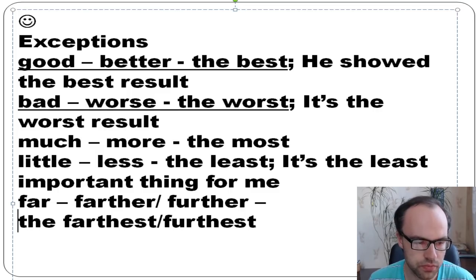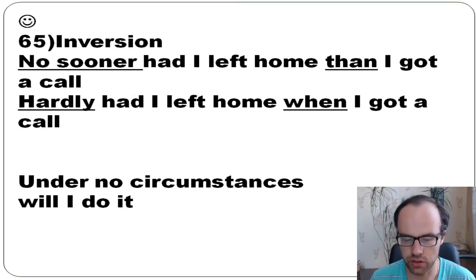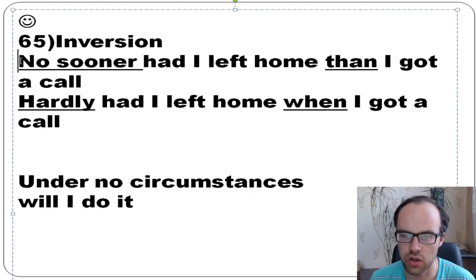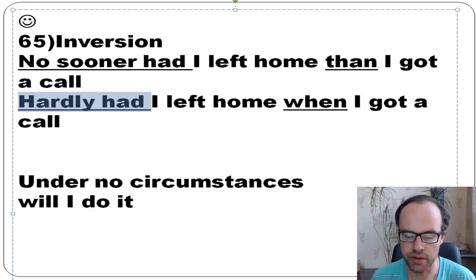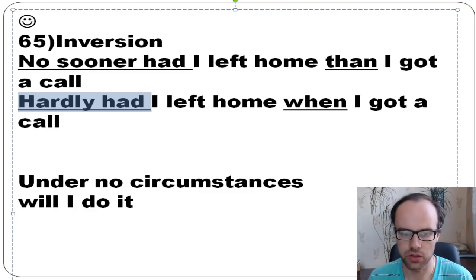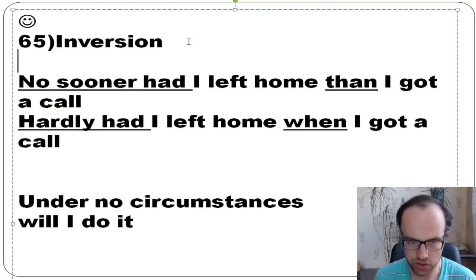Well, let's talk about one difficult thing, which I think is for advanced inversion, okay? You need to remember these structures: no sooner had plus than, and hardly had plus when. These structures have the same idea. They mean the same. Look, no sooner had I left home. So how do you use this structure?